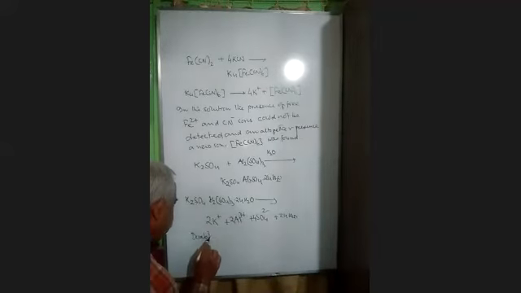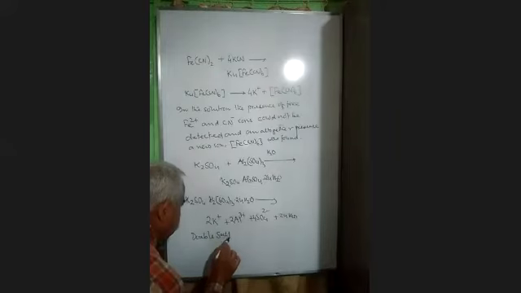You can test potassium, you can test aluminum, you can test sulfate. So these two compounds are different from each other. This type of compounds are called double salts. So double salts differ from these complex salts.